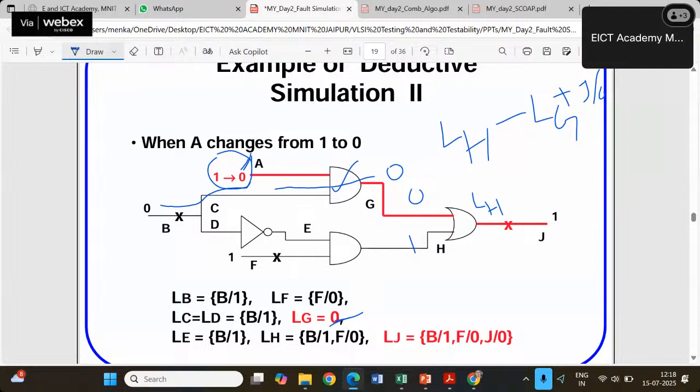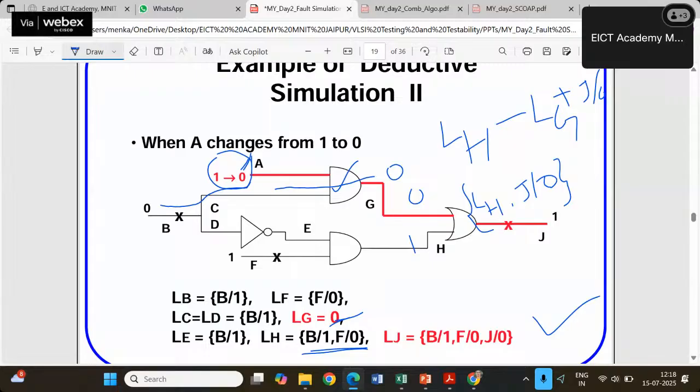So LH is directly going to the output along with J stuck at 0. What was LH? LH was already containing two faults, B1 and F0. So what will be LJ? LJ is containing all three faults: B is stuck at 1, F is stuck at 0, and J is stuck at 0. So all three faults are detected with the help of a single pass.